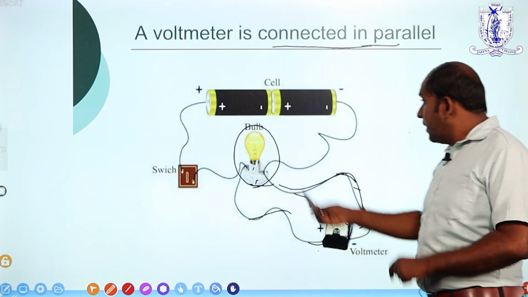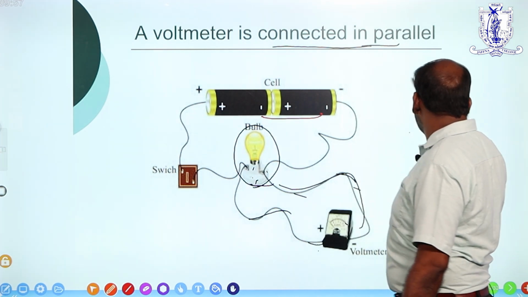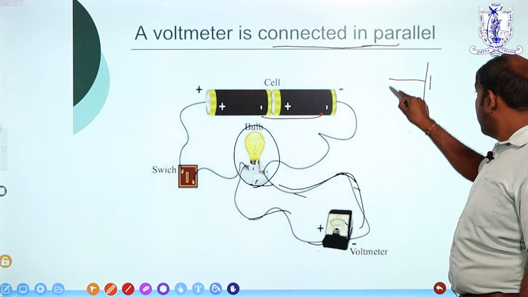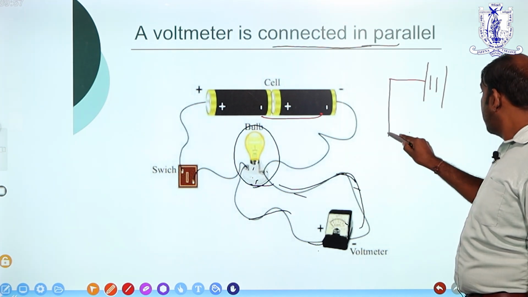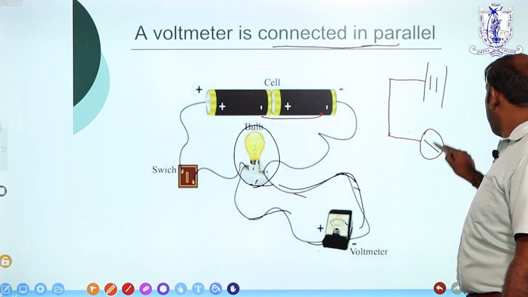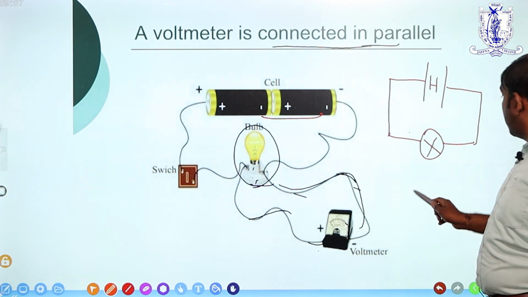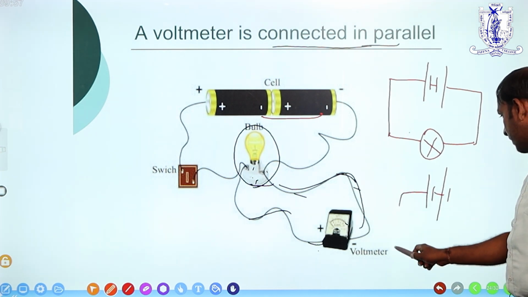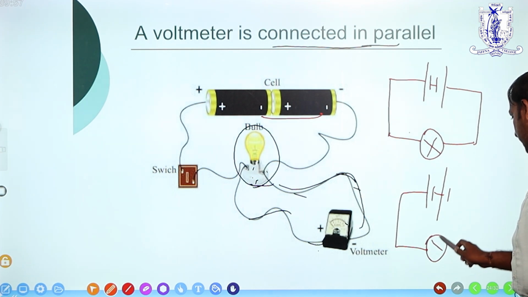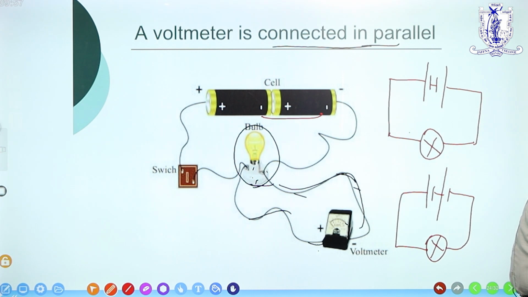This is the voltage drop. Here your textbook is also there, with a lot of bulbs. There are two simple diagrams of current passing through the batteries.